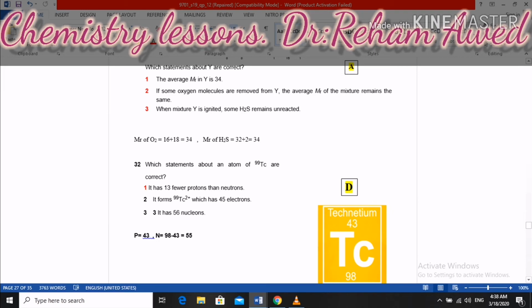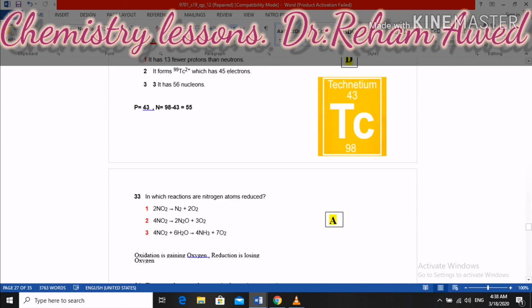Number 3, it has 56 nucleons. 56 nucleons, it is wrong, as nucleons, it is number of protons plus number of neutrons. And of course, in our element, we have 98 nucleons. So 3 is wrong, 2 is wrong, and the correct answer is 1.